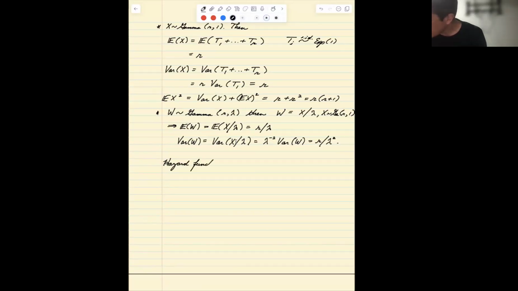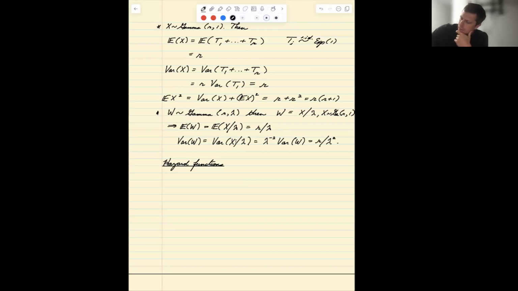A hazard function is a way to describe a non-negative continuous random variable's distribution in terms of the so-called survival probabilities. As we talked about before, the survival probability is the complement to the cumulative distribution function, which is what we usually use. But when we're talking about positive random variables, these survival probabilities are, in some sense, the more natural.